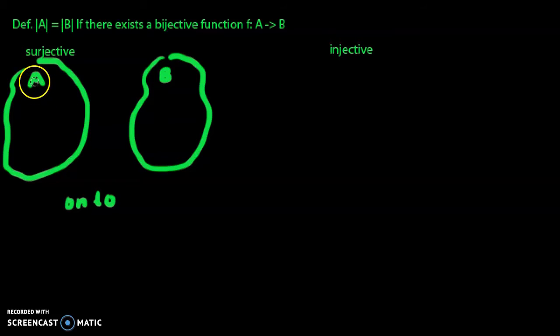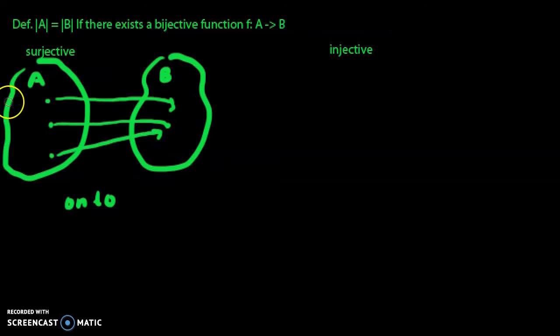So for every element in B, there exists at least one element in A mapping to it. But it can mean at least one, so there could be another A that maps onto the same B, and that's onto.